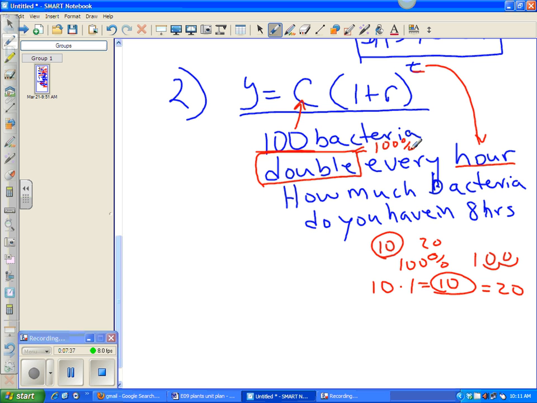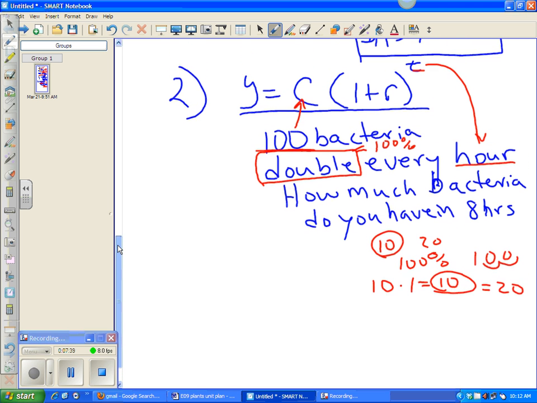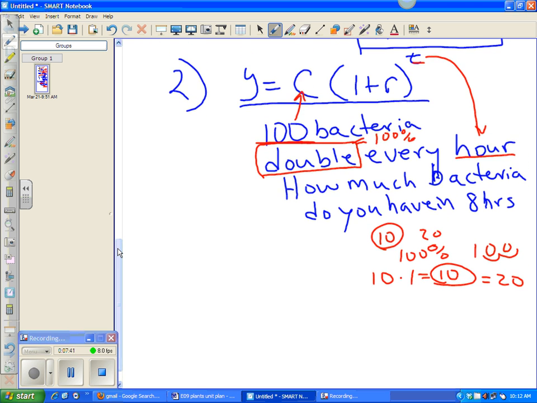Okay, so let's rewrite the word problem into the formula, how it's written above. So y is equal to 100 bacteria, parentheses, 1 plus 100% as a decimal is 1, raised to the hour, which in this case is 8 hours.